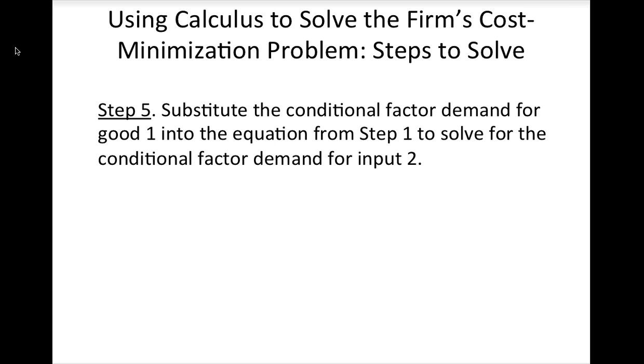To check your answer, you should find that the conditional factor demand for input 2 equals output divided by 3 multiplied by the square root of the cost of input 1 divided by the cost of input 2. Because this solution is just the same as the solution for the conditional factor demand for input 1 with the input costs reversed, we know that this solution will also pass the sanity check.